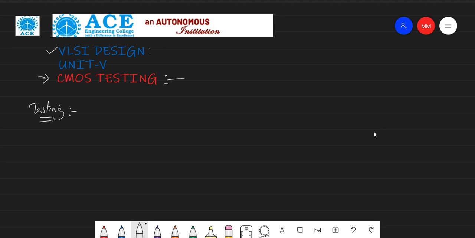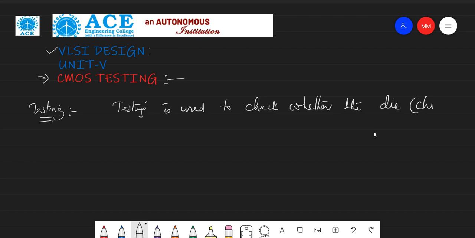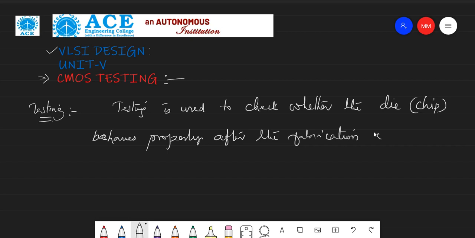So I can say that testing is used to check whether the die, or we can generally call it a chip, behaves properly after the fabrication process is completed.